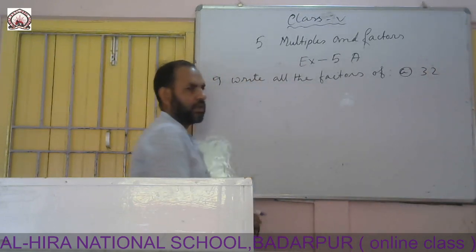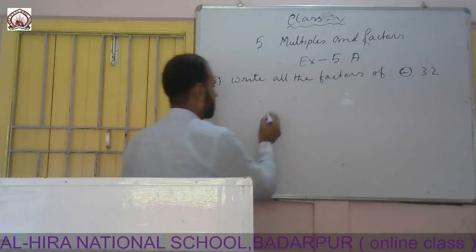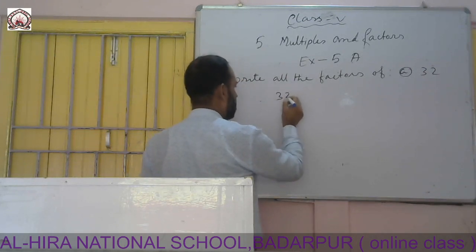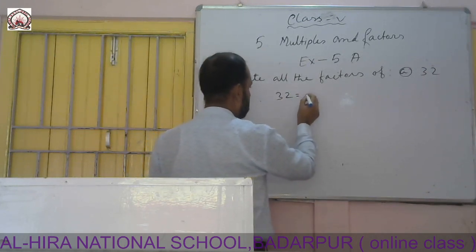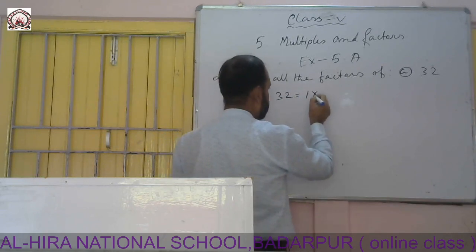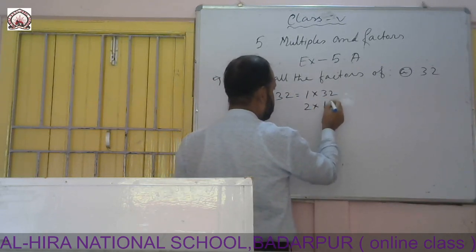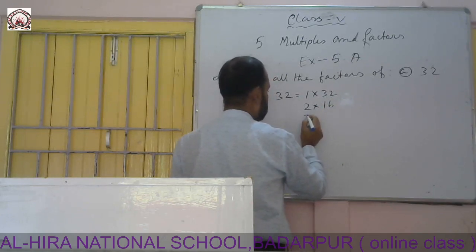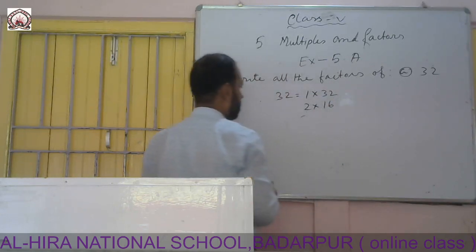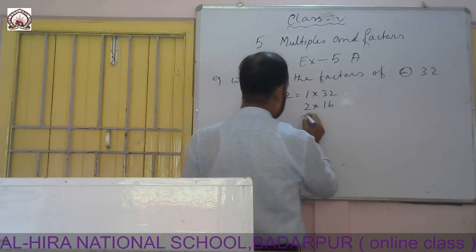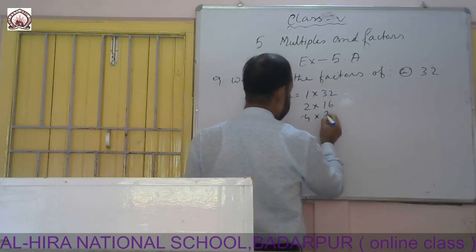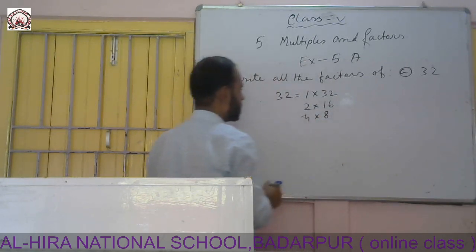So we take out all the factors of 32. 32 equals 1 into 32, 2 into 16, 3 is not possible, we skip, 4 into 8, 5 also not possible.